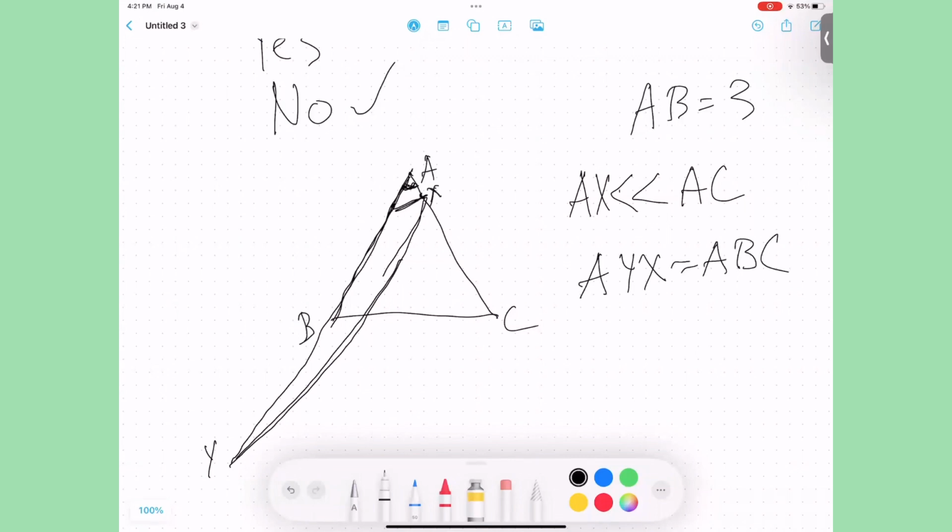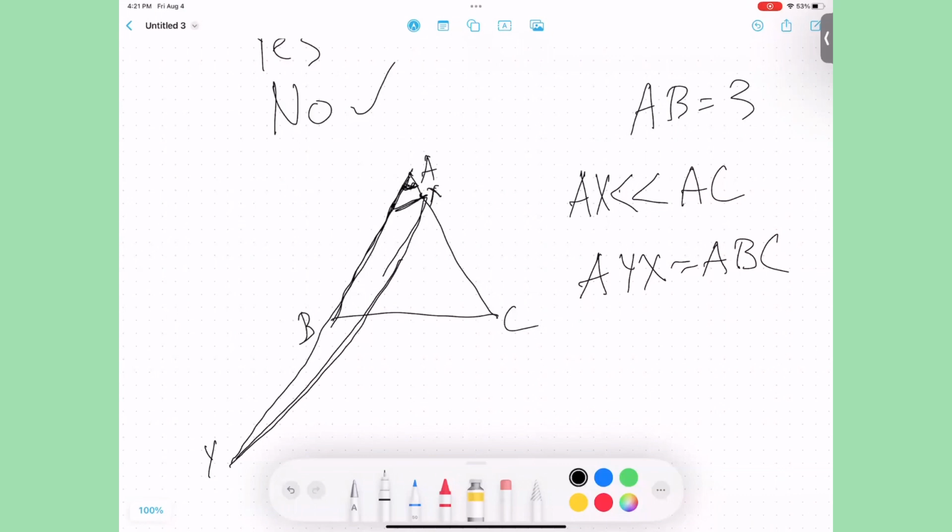Now tell me, do these two triangles look similar or congruent to you guys in any way? Do these look congruent? No, right? Because one of the sides is really, really small, and the other two sides are really, really large. For an equilateral triangle to be congruent to another equilateral triangle, the sides have to be the same.